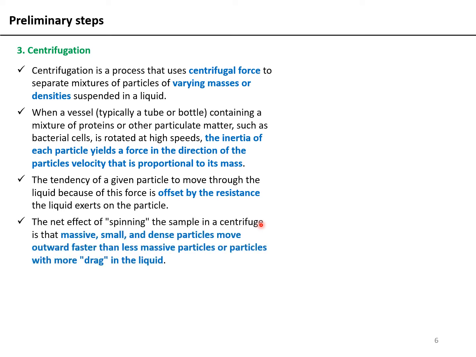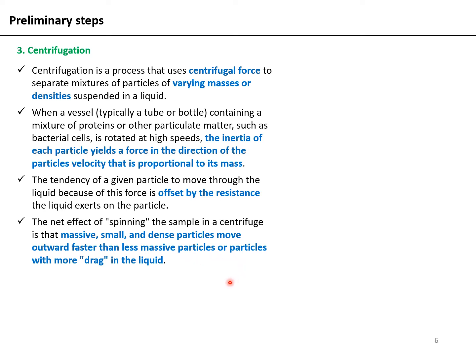The net effect, that is the force acting towards the bottom minus the resistance, of spinning the sample in a centrifuge is that massive, small and dense particles move outward faster than less massive particles or particles with more drag in the liquid.